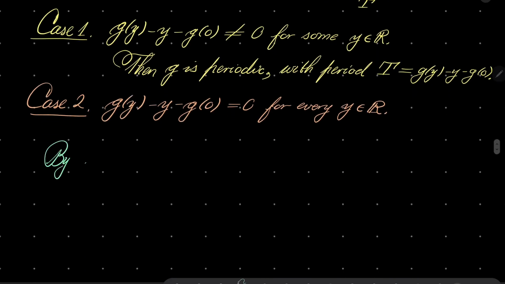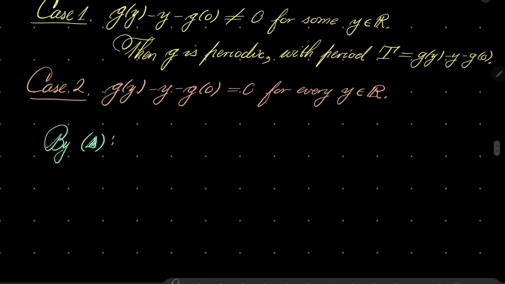By condition triangle, f(z) equals g(y) minus g(y + z).